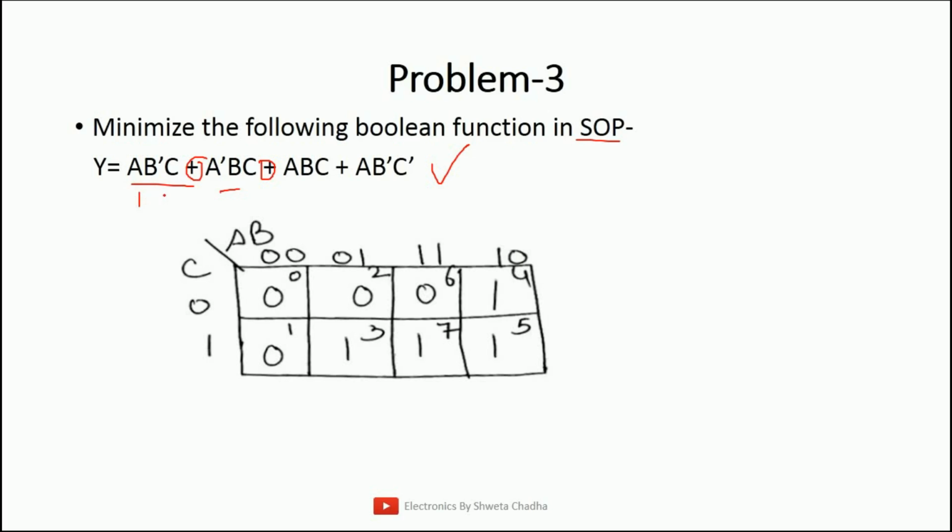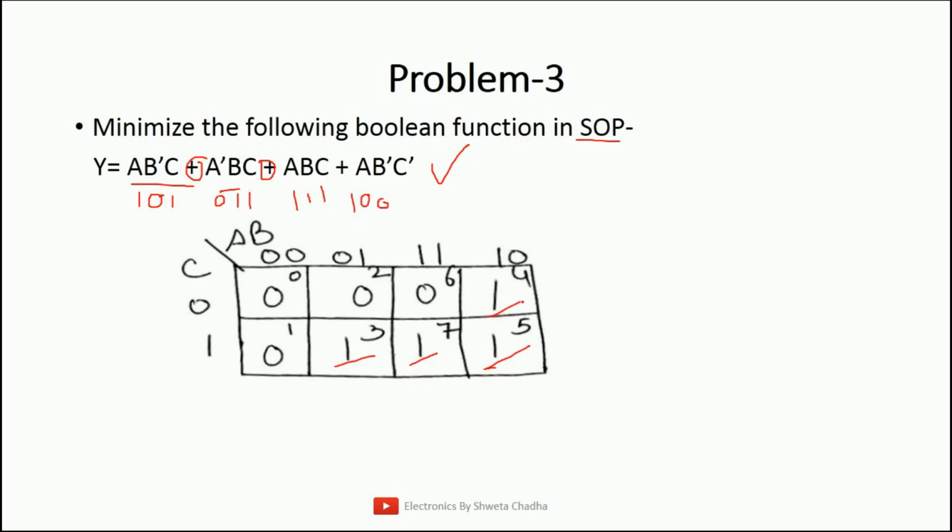So here we come, 1, 0, 1, that is block number 5; 0, 1, 1, that is block number 3; 1, 1, 1, block number 7; and we have 1, 0, 0, because A is 1, B dash is 0, C dash is 0, that is block number 4.